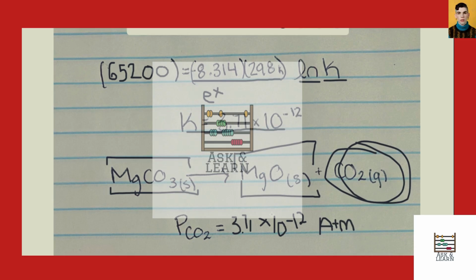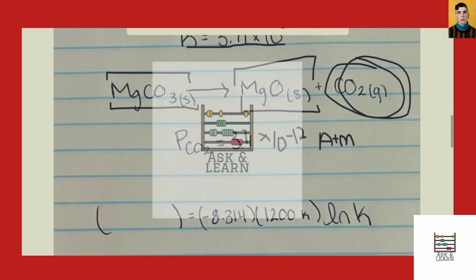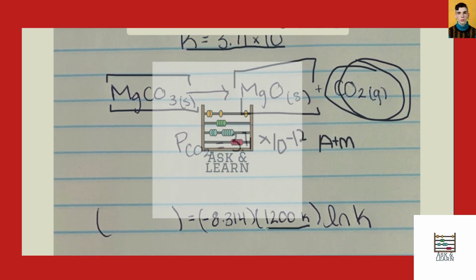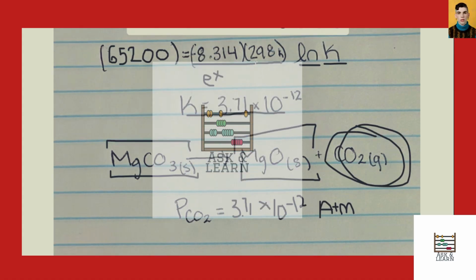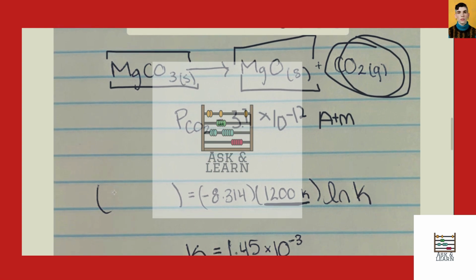All right, now we're going to do the exact same thing for this last part of the question, except we're substituting 1200 K instead of 298 K. Again, we plug in our delta G that we found earlier in the question, 65,200, and then solve for ln K. Divide by these two terms, and then take e to that power in order to find K and get rid of the log.